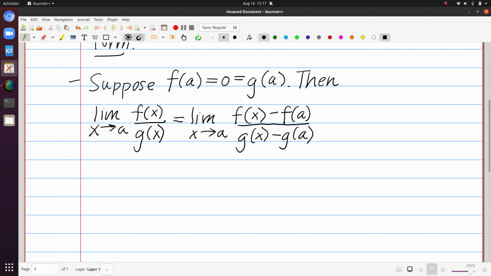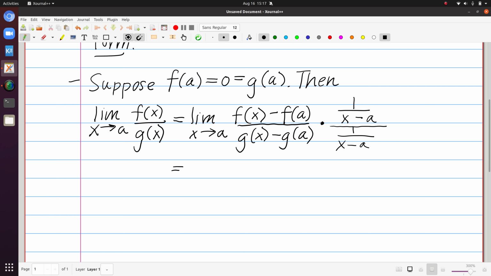So I'd like to do that here in the following way. Let's multiply both the numerator and the denominator by 1 over x minus a. So do that to both of those. And what's going to happen is I can multiply that in there, but the other thing I want to do is use a limit property. So I have the limit of a quotient, and we can say that that's equal to the quotient of limits as long as those limits all exist.